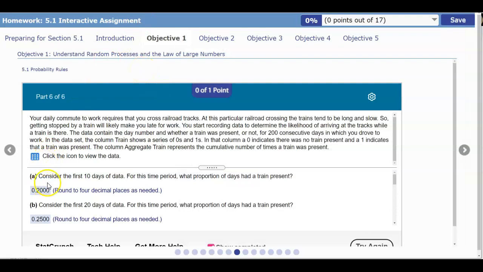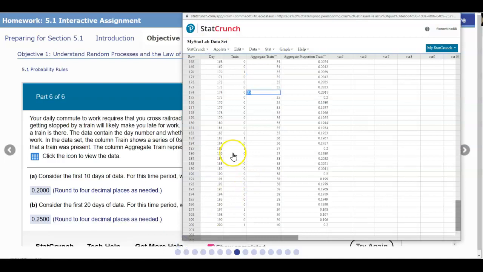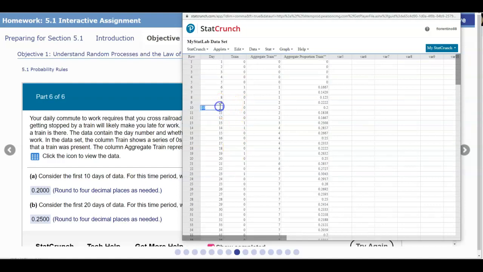So in part A it says consider the first 10 days of data. For this time period, what proportion of days had a train present? So coming back up here, we're going to go all the way to the 10th day. When we go to the 10th day, we see that we have a proportion in the last column, and that proportion is 0.2.